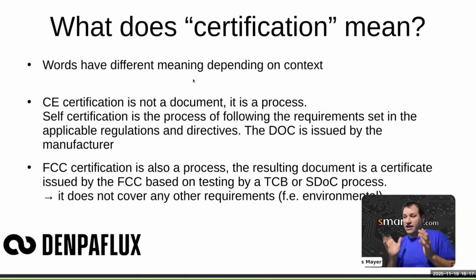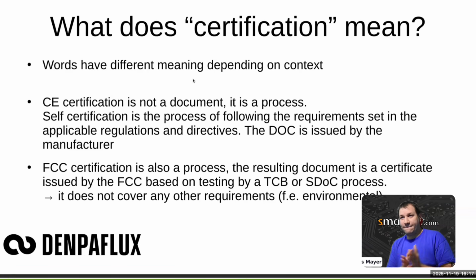The certification in both cases is a process, but the process is different. And in particular, in the CE process, this process is made up of many other processes. And the first step in that is to know where to start and which process applies to your product.